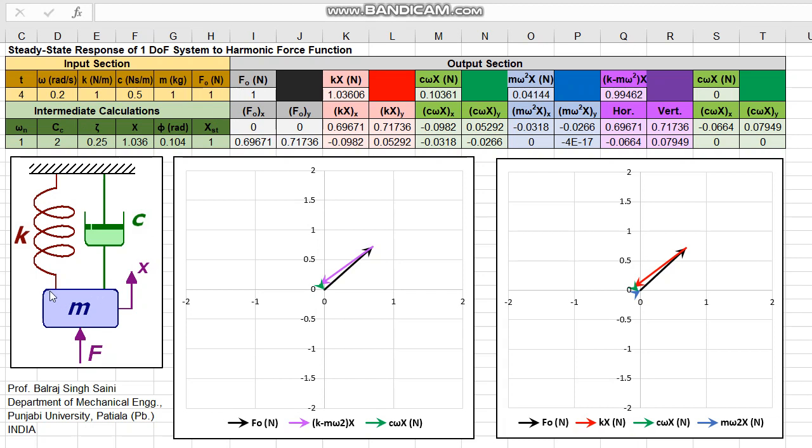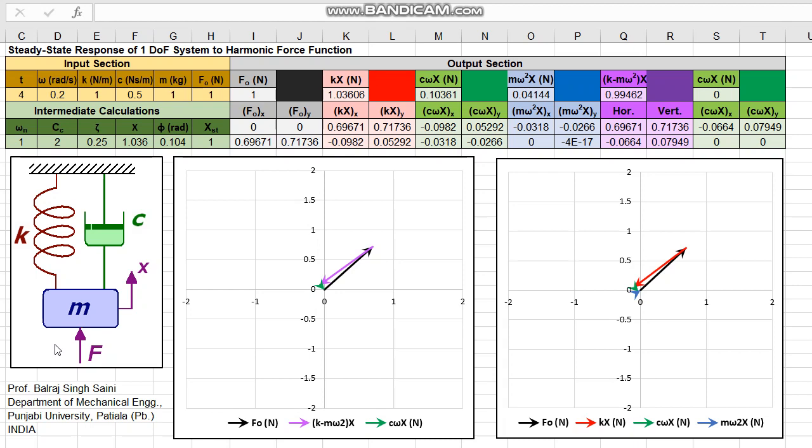We can say that we know the behavior of this system when we can describe the instantaneous displacement represented by small x here at any given time t. The response of this kind of system comprises two components. Mathematically, the first one is given by the complementary function, which is a transient function which diminishes with the passage of time.